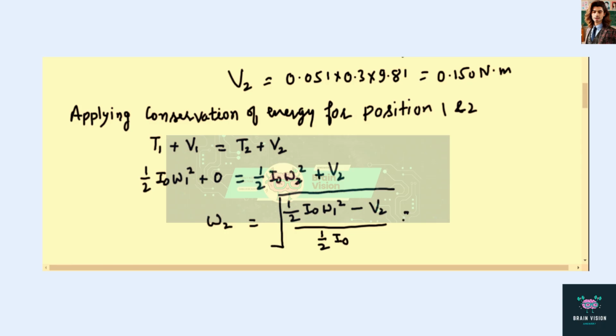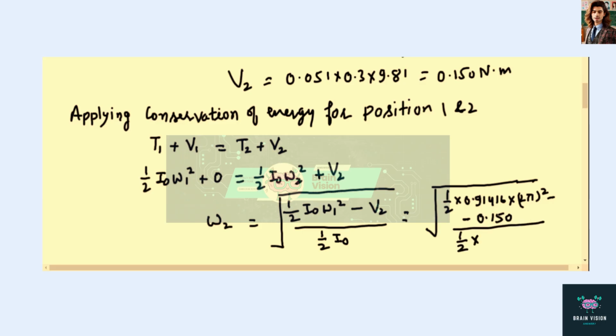Substitute the value. Moment of inertia we have calculated 0.91416, omega 1 is 2 pi, minus potential energy 0.150, divided by half I naught.